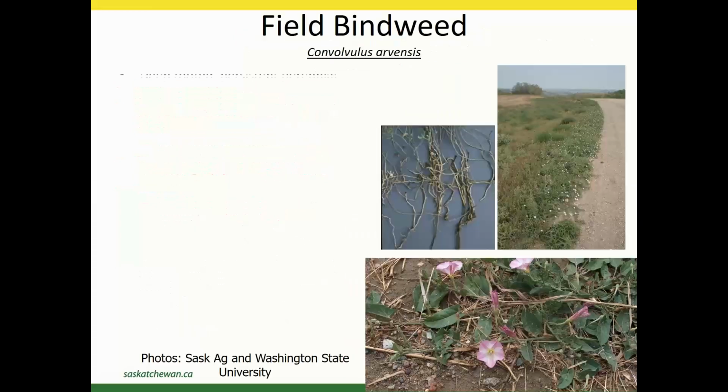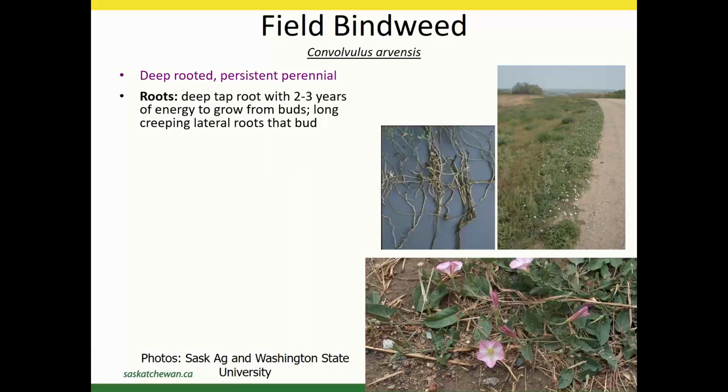Field bindweed, another deep-rooted, persistent perennial weed that has tap roots that go down very deep into the soil with enough energy remaining in them. If you remove all the top growth and keep that plant free of top growth for 2 to 3 years, that plant can still grow back from the roots.